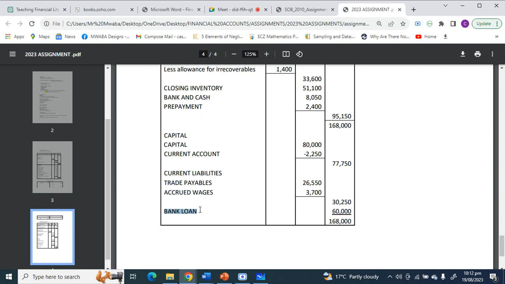Then you add 77,750 plus 30,250 plus 60,000. You're supposed to get 168,000. And you are done.